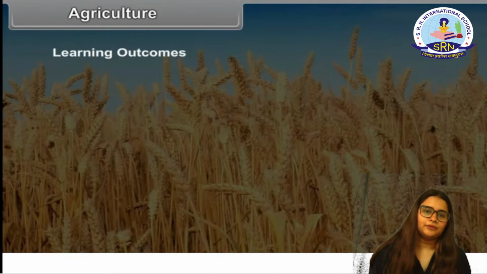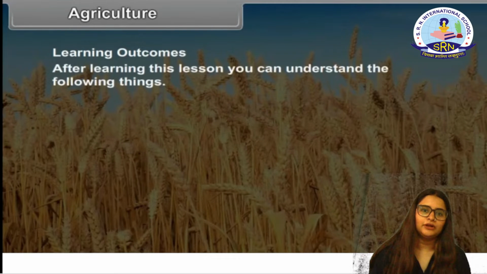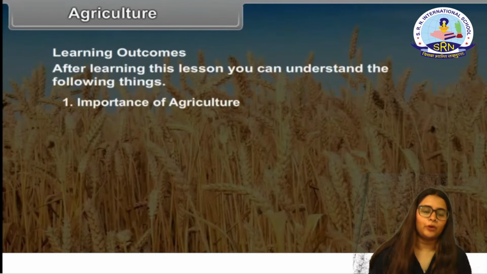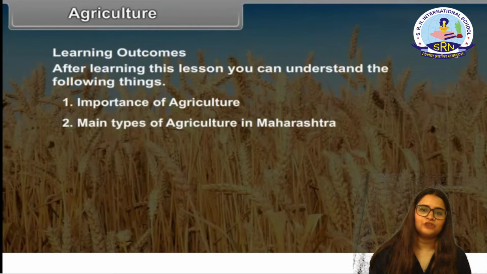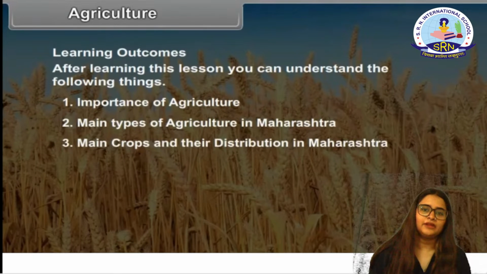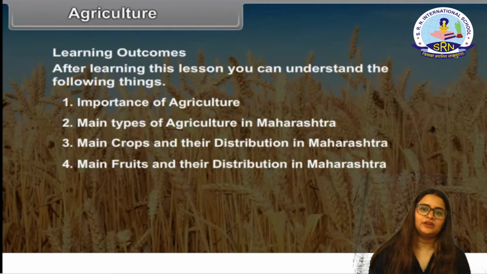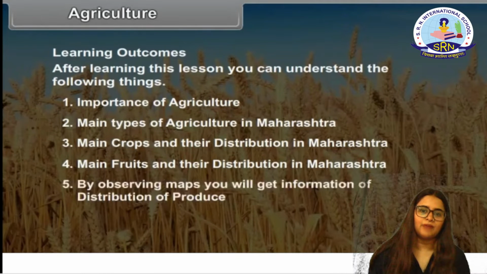And the learning outcomes will be, after learning this lesson you can understand the following things: importance of agriculture, main types of agriculture in Maharashtra, crops and their distribution in Maharashtra, main fruits and their distribution in Maharashtra. By observing maps, you will get information of distribution of produce.